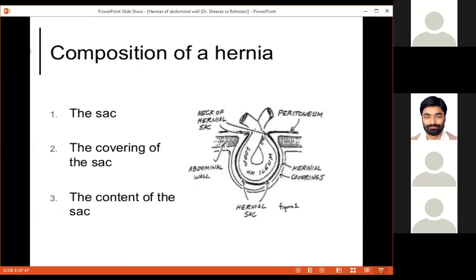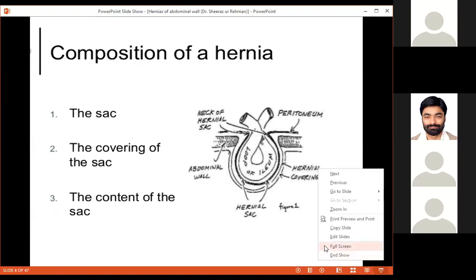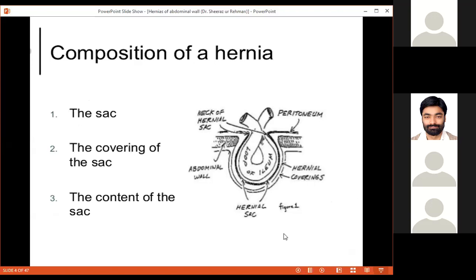Now look at what the hernia is. We talked about hernia as an entity which has a viscus and a part of viscus along with its covering. So in this case, the viscus will be the small bowel loops, okay?